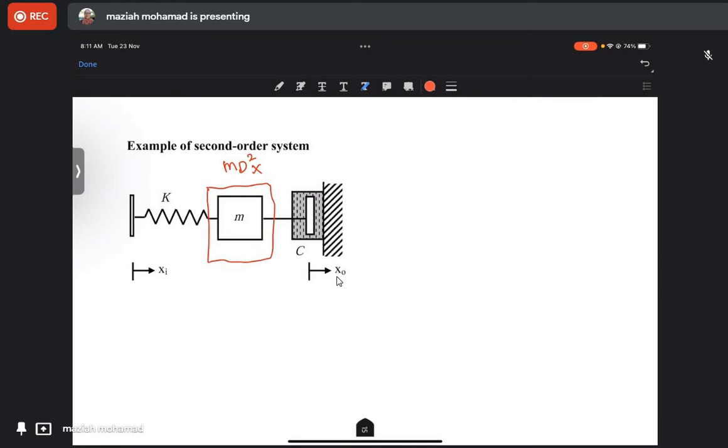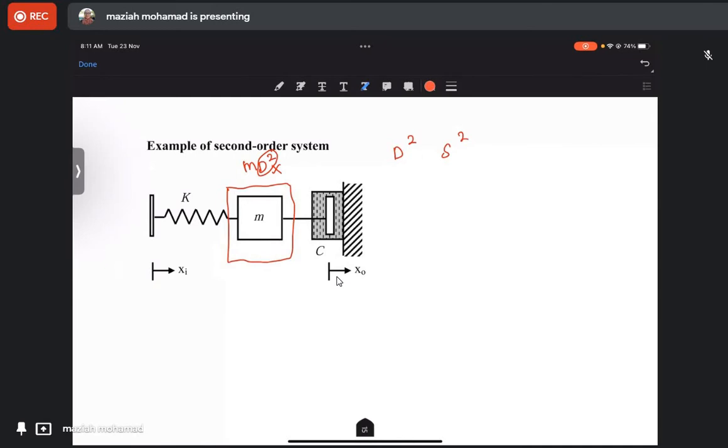There will be a second differentiation term, d square. So the system will become a second order system when it has d square, s square. That is a second order system.